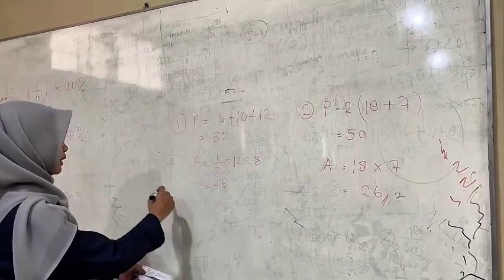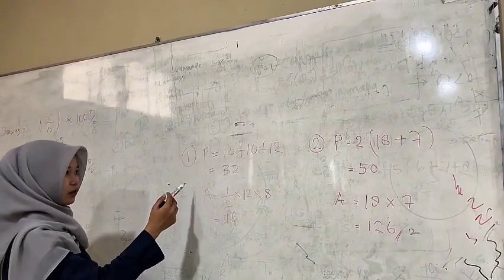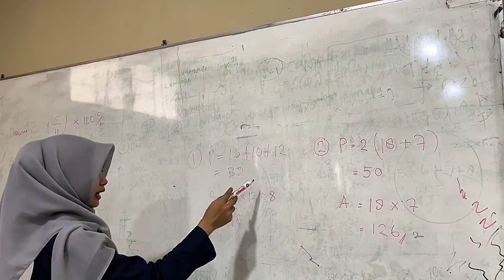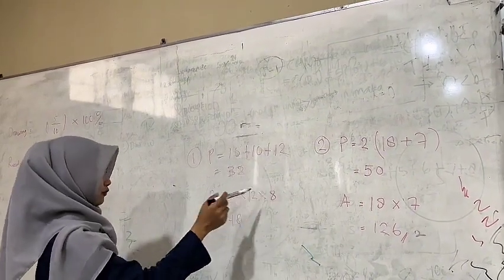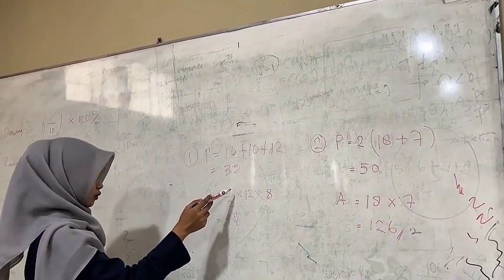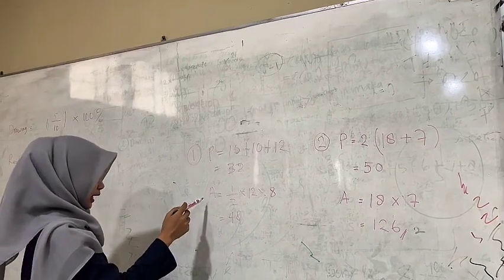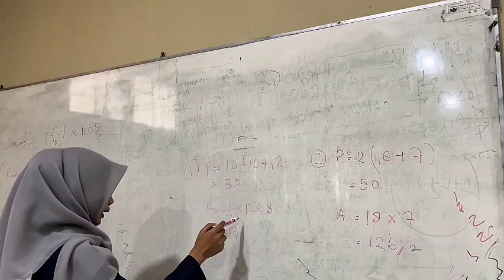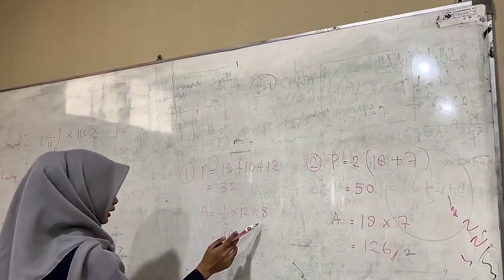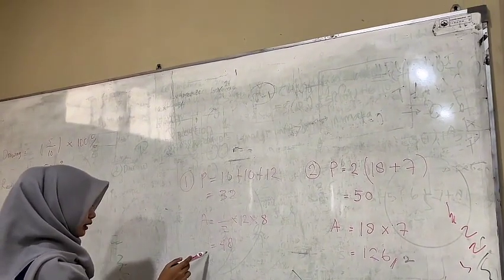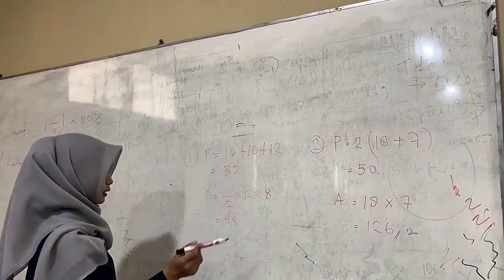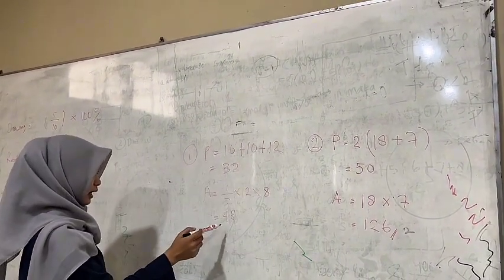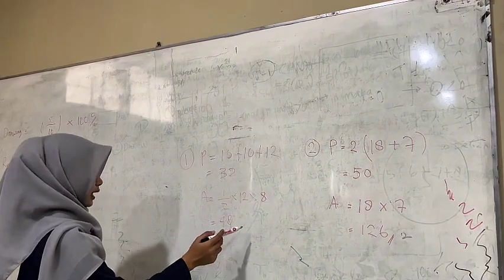Let's correct it. Number 1, substitution in the formula, perimeter is 10 plus 10 plus 12. P is 32. For area, it is 1/2 times 12 times 8. A is 48. So perimeter is 32 and area is 48.